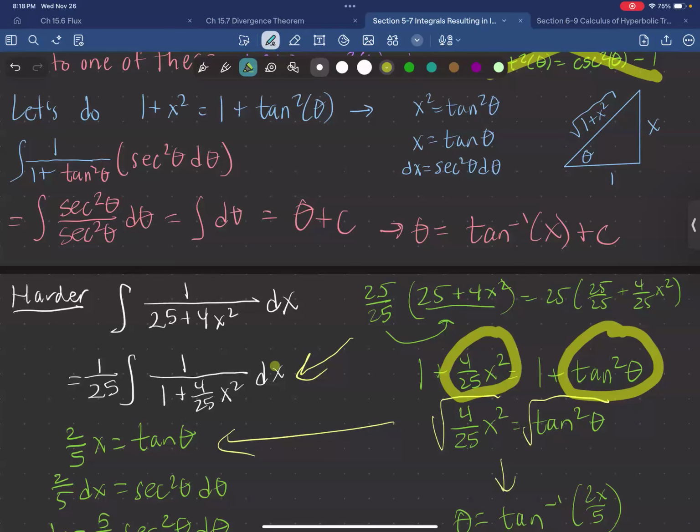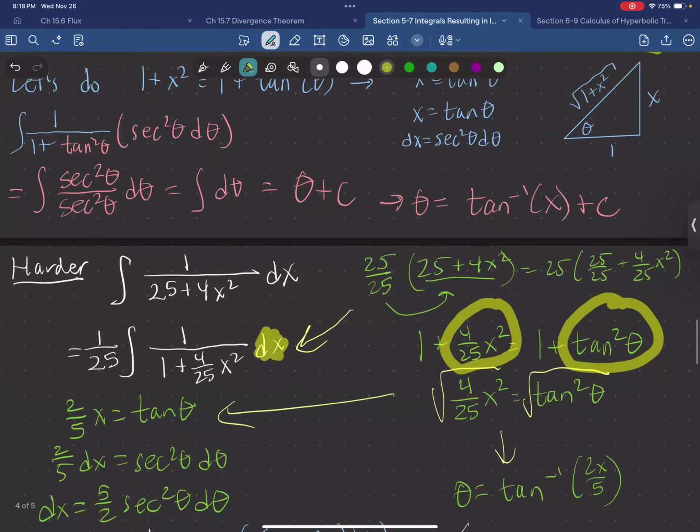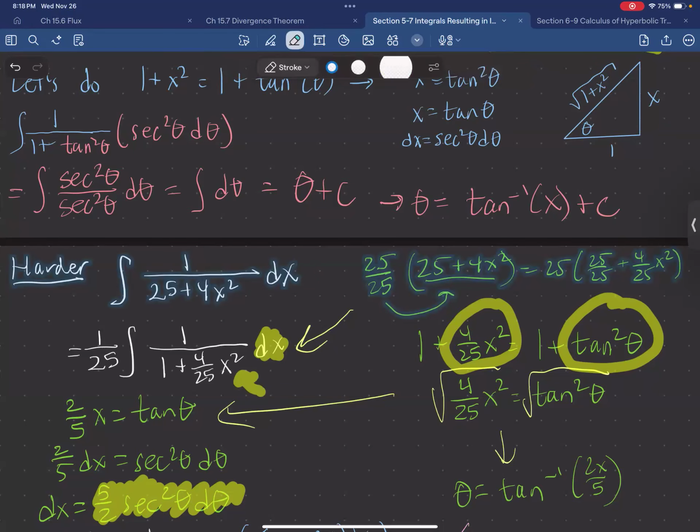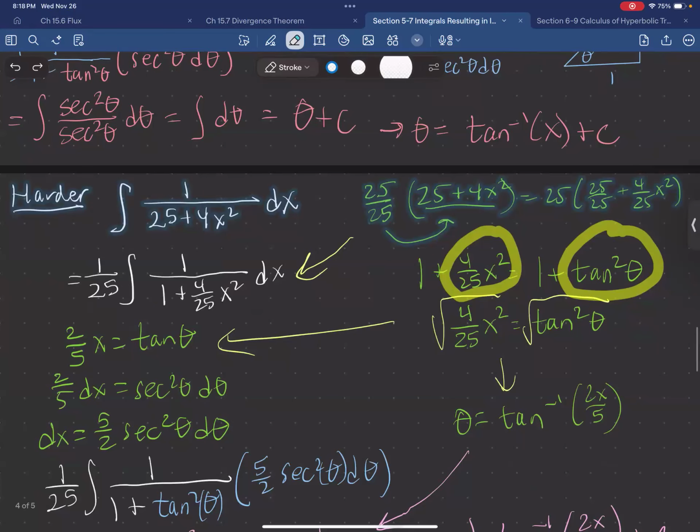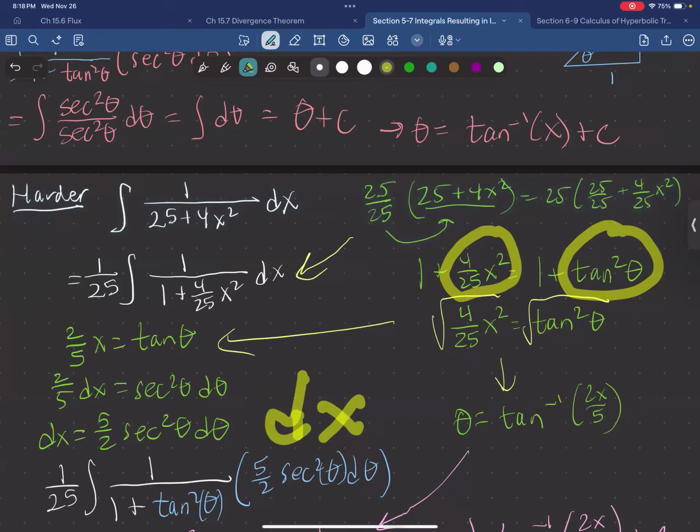I only have a dx here, so I just solve for dx. I multiply by 5/2. So we will replace dx with 5/2 secant squared theta. We will replace 4/25 x squared with tangent squared right there. As I've done here, there's my dx. That's my dx. And that's my 2/5 x squared.